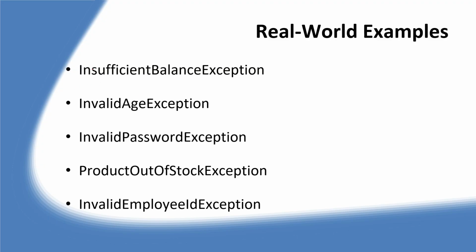So some real world examples are InsufficientBalanceException in banking, InvalidAgeException and InvalidPasswordException for authentication, ProductOutOfStockException for e-commerce, and for HR, InvalidEmployeeIdException. So these are real world use cases of the custom exception.